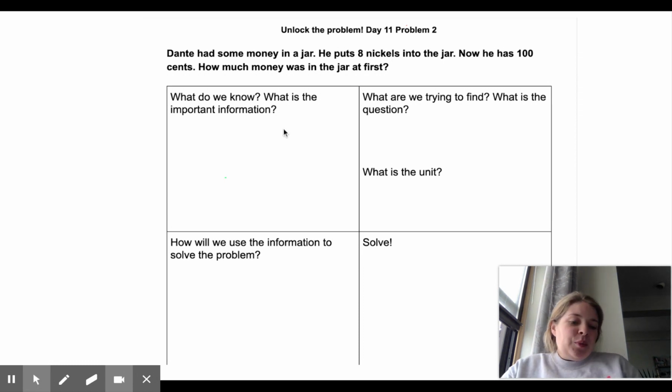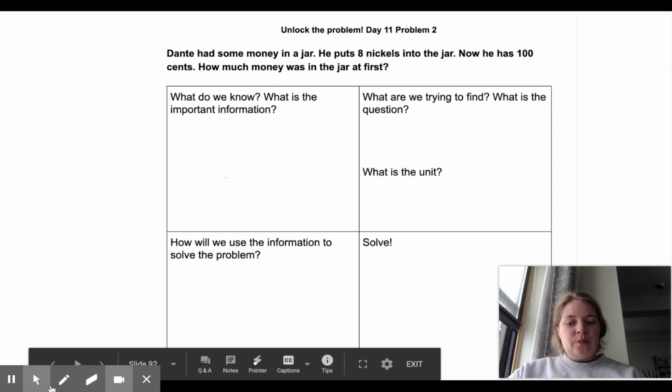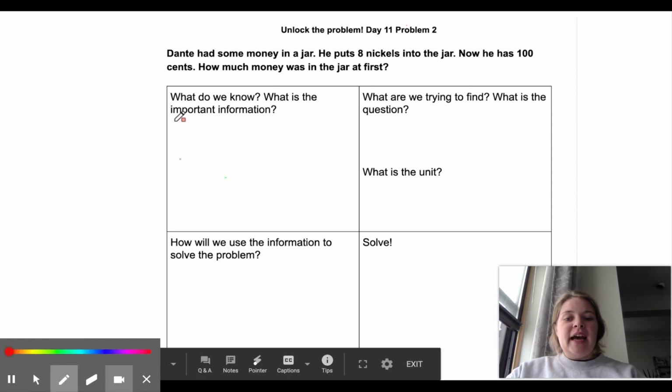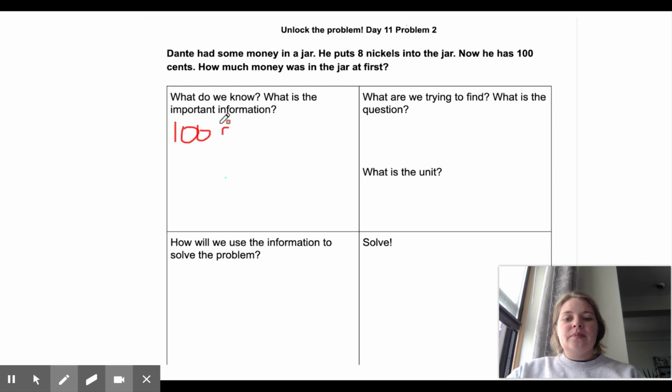So what do we know? We know that Dante has 100 cents. We know that of those 100 cents, 8 are nickels, and nickels are worth 5. So I'm going to put 8n equals 5 cents so that we know.